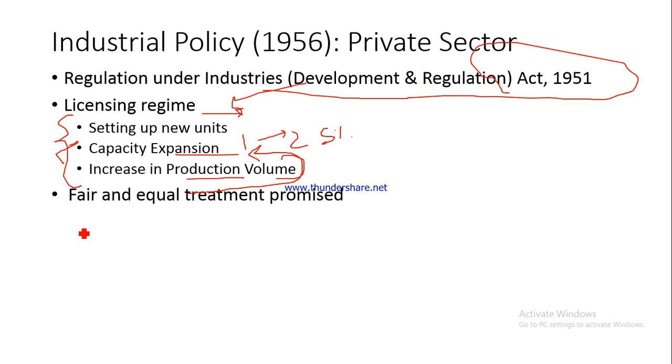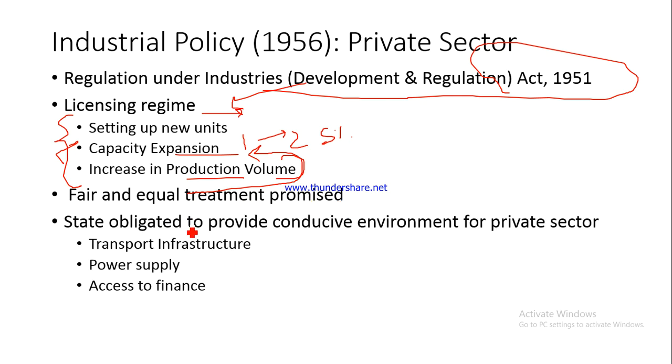Both kinds of enterprises would be treated in a fair manner and given similar treatment. This was in a way an attempt to assure the private sector enterprise, because it was understood that private sector enterprises are also going to play a major role in the development of the Indian economy. Then the policy went a step ahead. Not only did they promise fair and equal treatment, but they also said that we would provide certain facilities to the private sector.